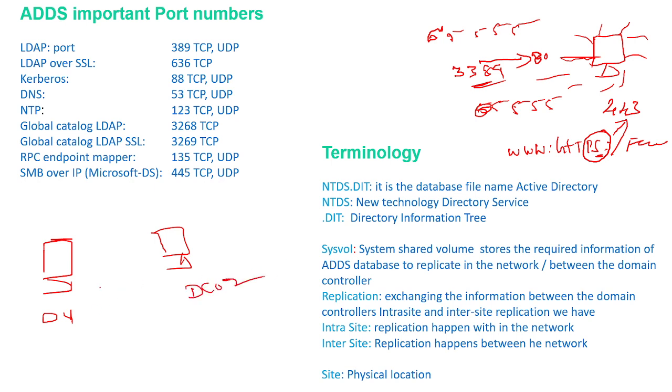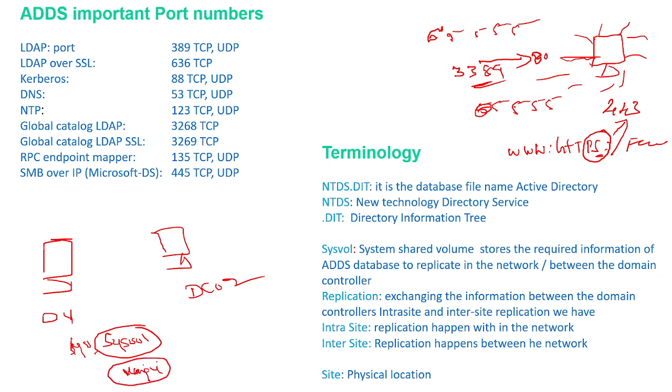So here the sysvol folder will be there in each and every domain controller. So here also the folder will be there, sysvol. Okay, you create a user here in dc01. You create a user called Manju.